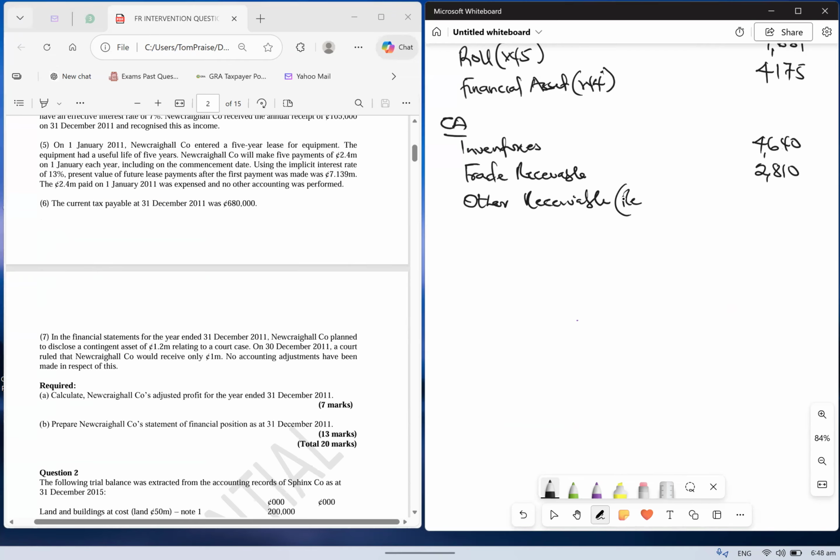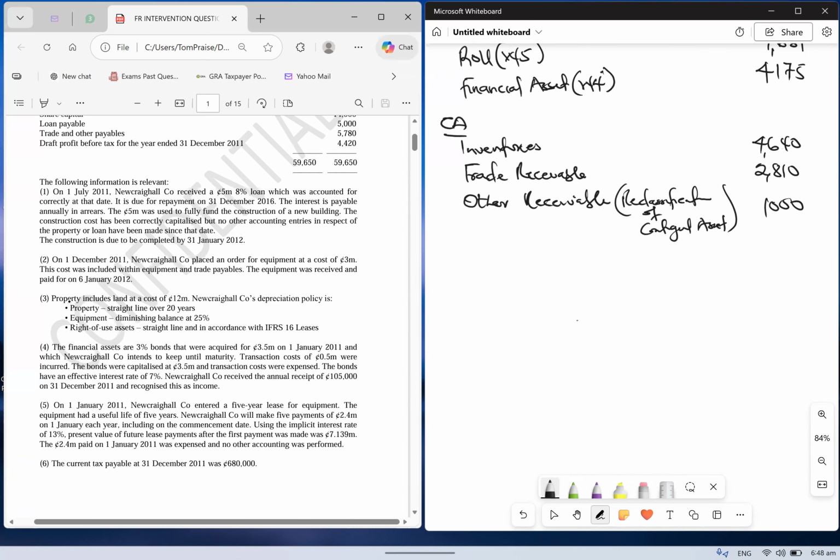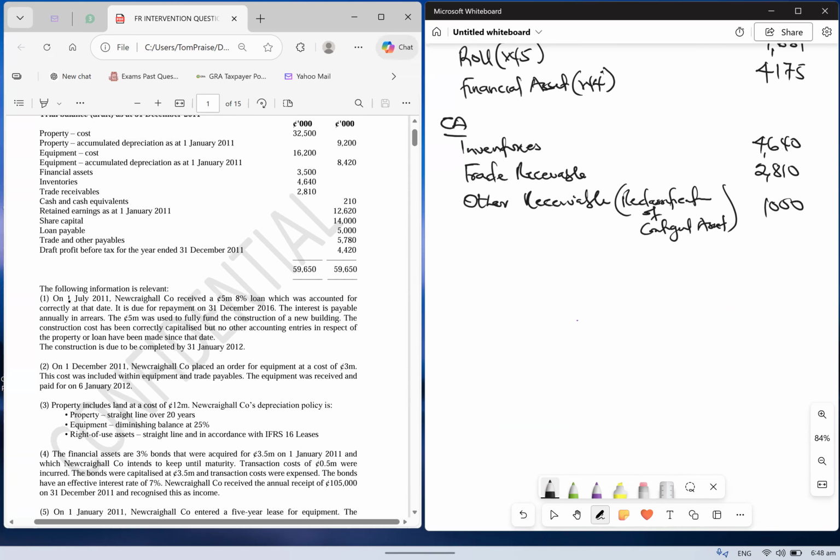So you can also call it reclassification of contingent assets. That one is 1,000. Any other cash and bank? No, that one is an overdraft. It's on the credit side.